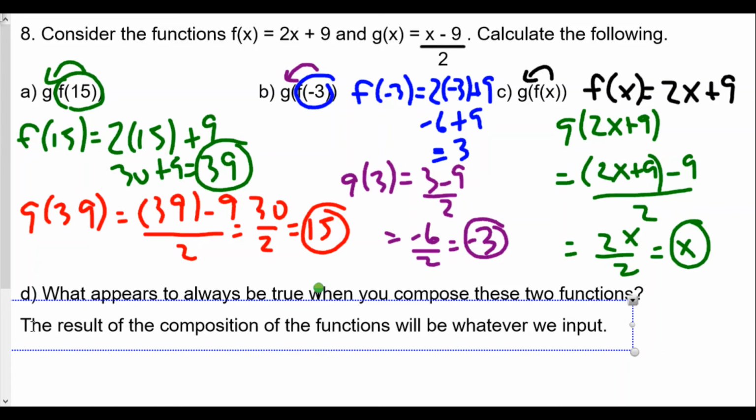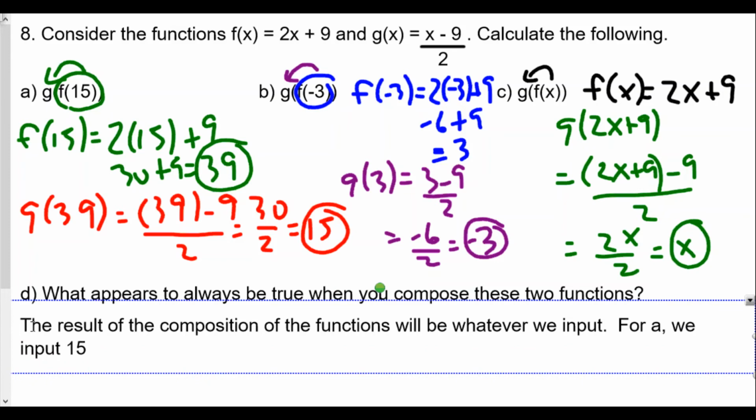Okay, so in this case, for A, we input 15 and got out 15. For B, we input negative 3 and got out negative 3.